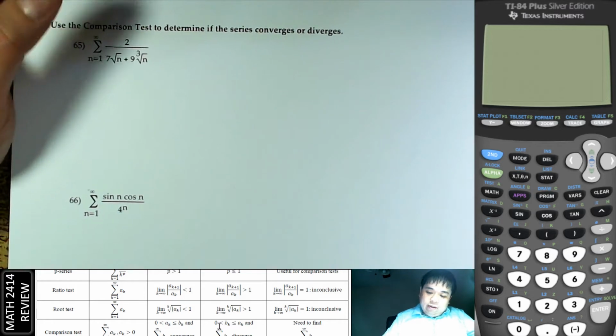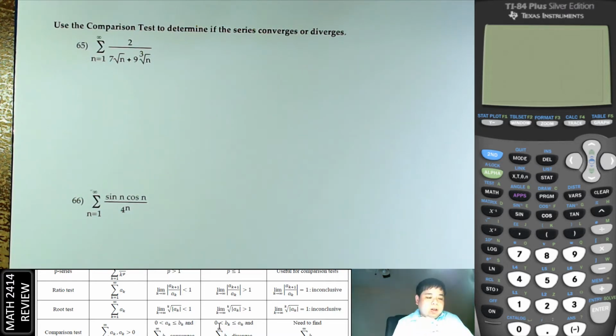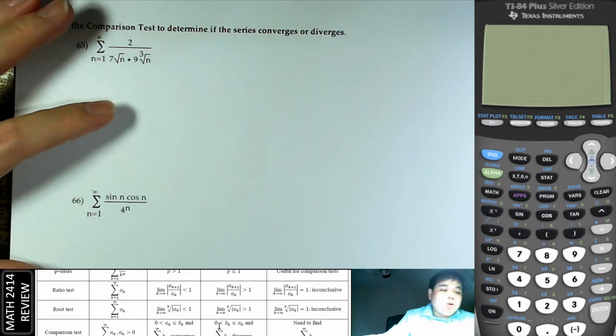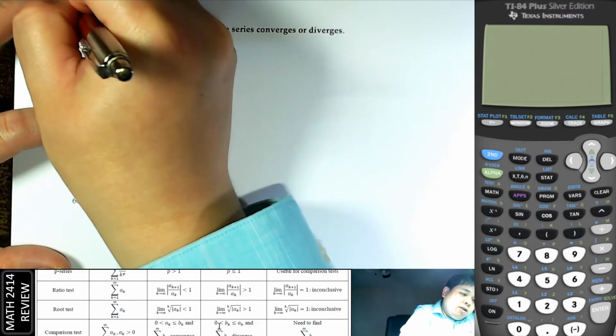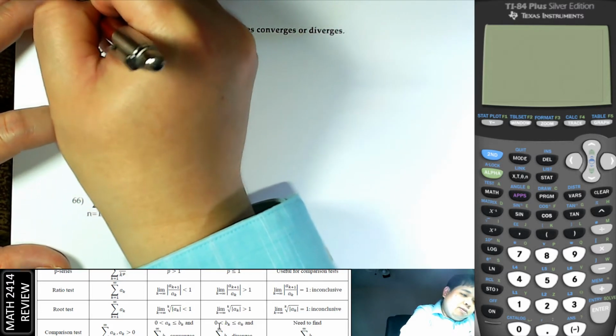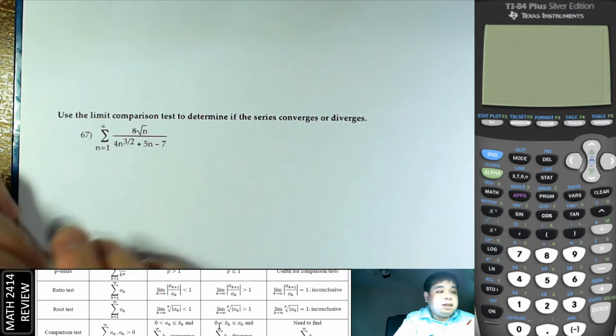Right. Next we have the comparison test. So comparison test means we compare the series directly with another series. Also usually, which is just the comparison test, we call that the direct comparison test, as opposed to the limit comparison test when we use the limit.